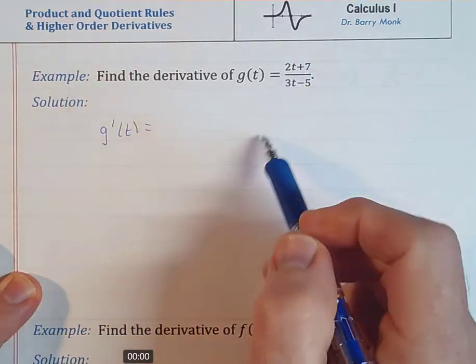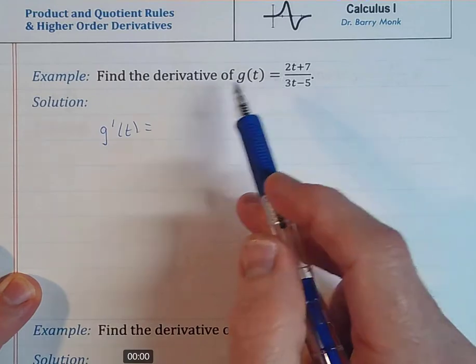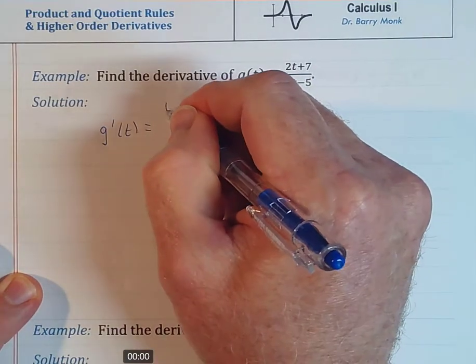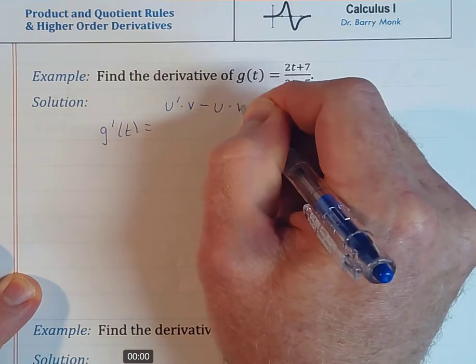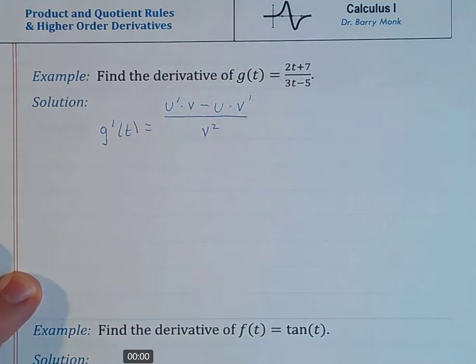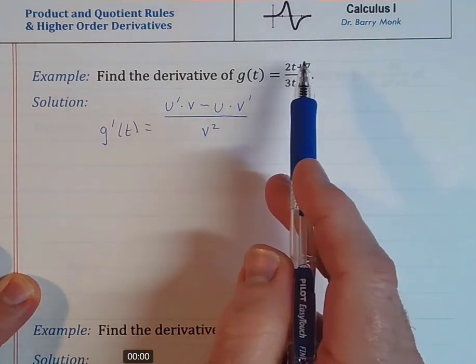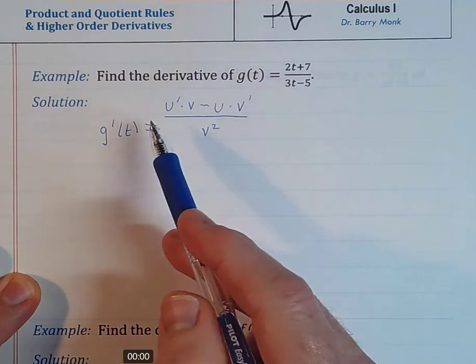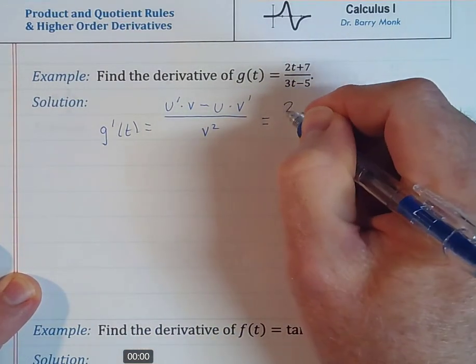I know I've got a quotient here, and I know that my quotient rule is in the form u prime times v minus u times v prime over v squared. And I know that u here is going to be just the top. That's 2t plus 7. And so u prime, it looks like that would be 2.